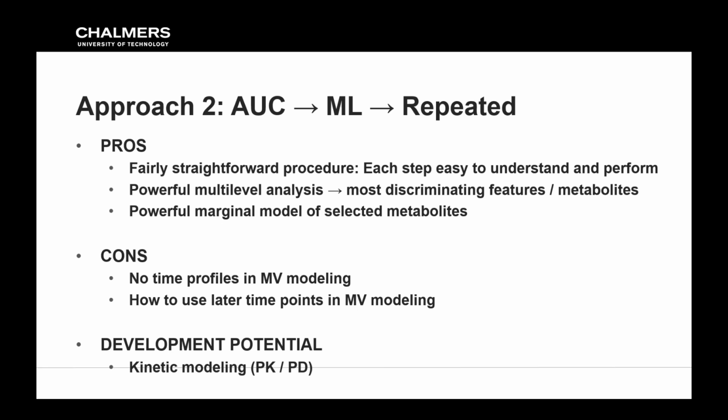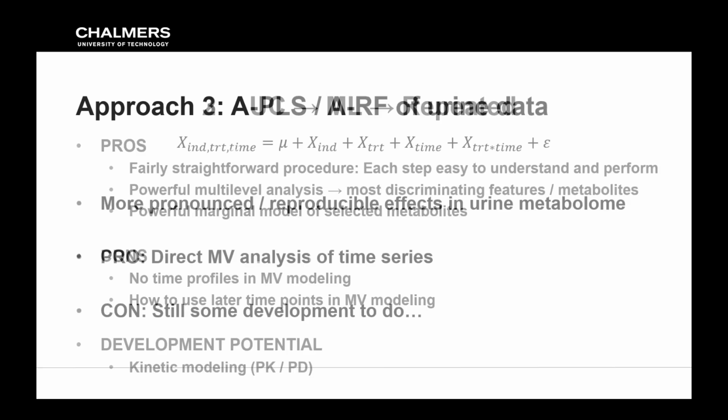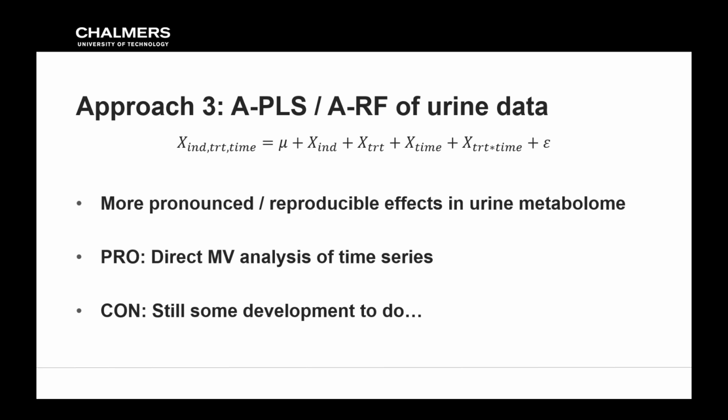But this is where we started, and we thought it produced some very nice results. But what we would like to do in the future is return to the ANOVA decomposition of the urine data. The ANOVA decomposition of the serum data was not very nice.